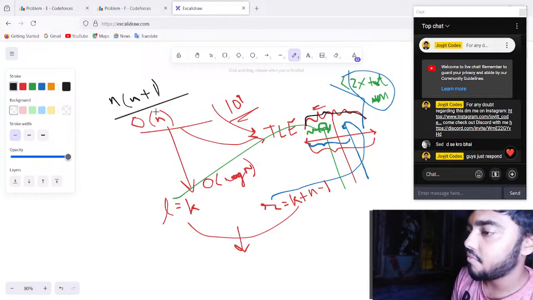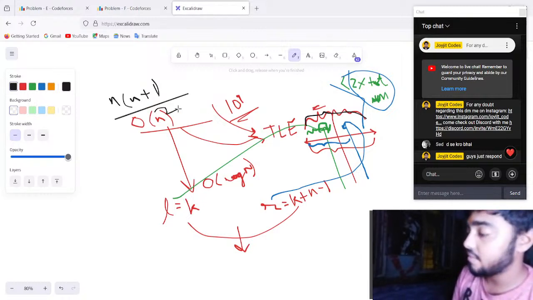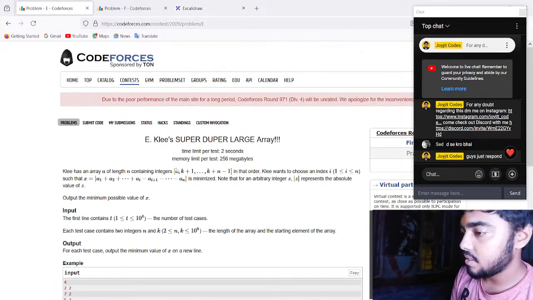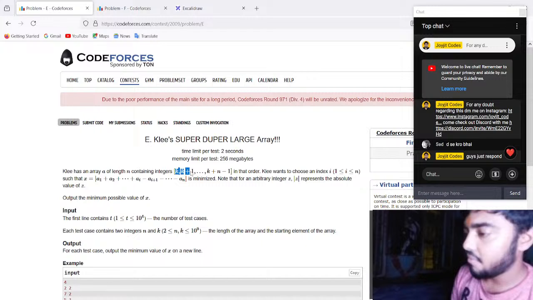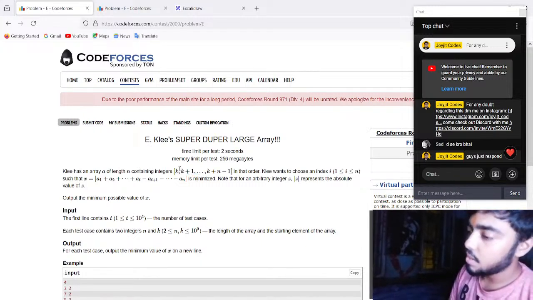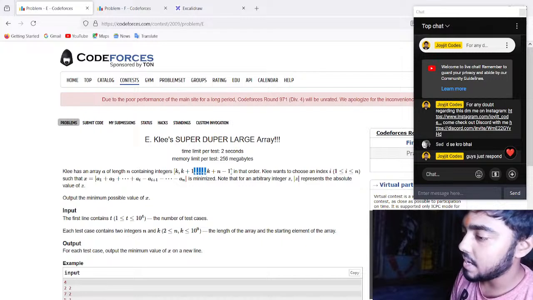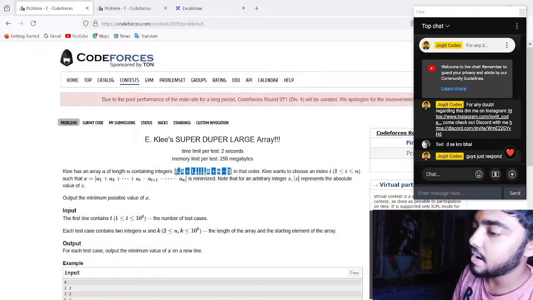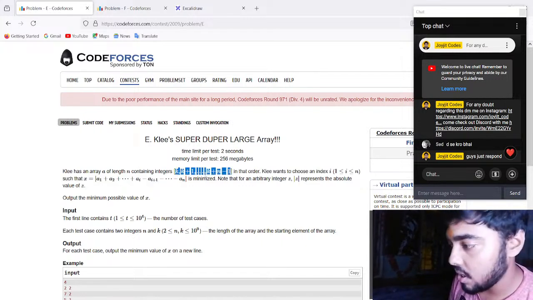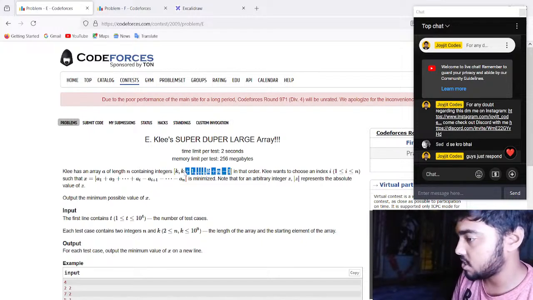This tells us the sum of the first n natural numbers. We are going to find the sum of k plus n minus 1 natural numbers and then subtract the sum of the first k minus 1 natural numbers, so we get this total sum.